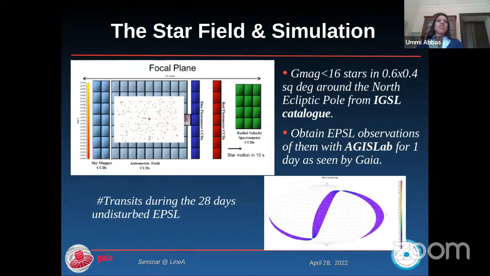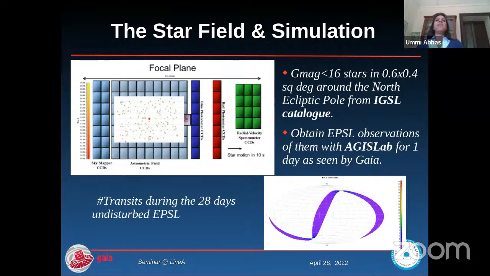In this case, I show again the same focal plane of Gaia that we saw earlier, and we have a sample reference field here, which is actually around the ecliptic pole. In this case, we had a high number of stars, bright stars. Let's say less than 16 magnitude, we had more than 100 stars around the north ecliptic pole.